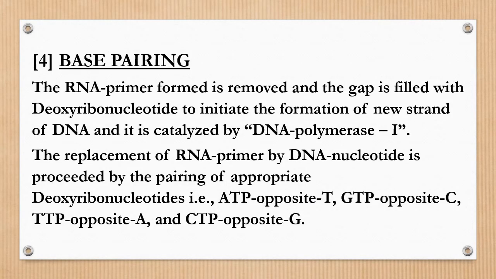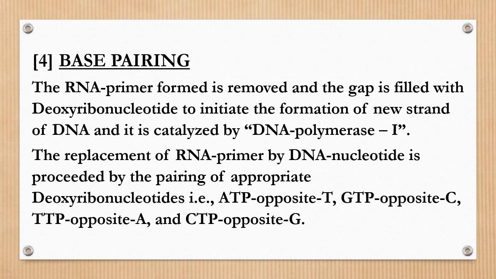Base pairing. Already we discussed this base pairing according to Chargaff's rule. So purines always pair with pyrimidines, or simply we can say adenine always pairs with thymine, guanine always pairs with cytosine. This we know.